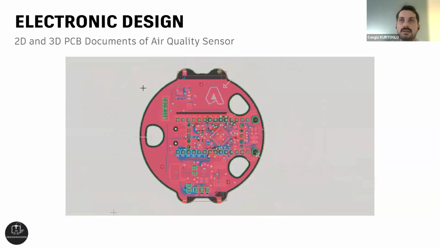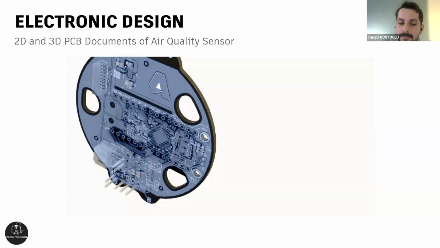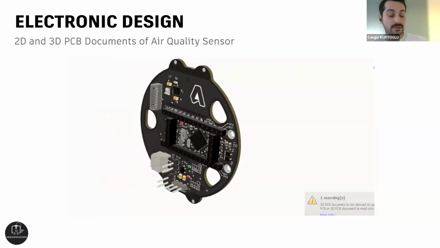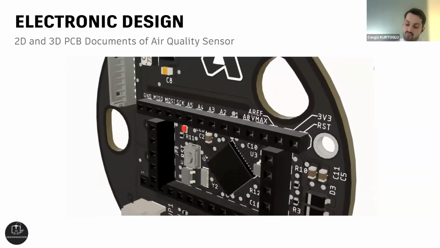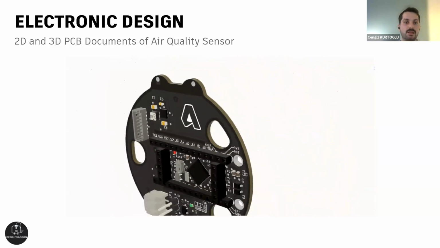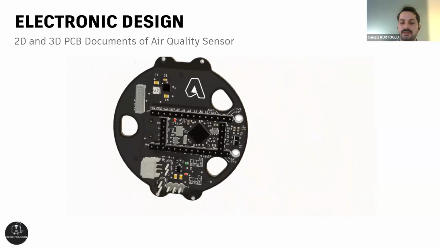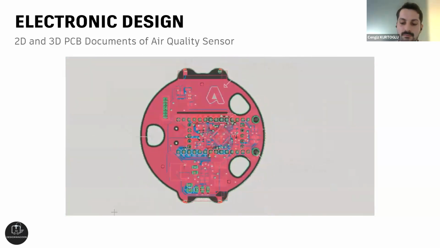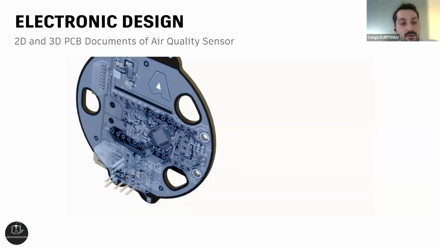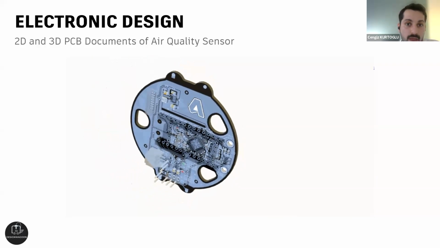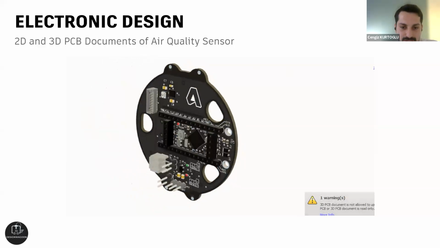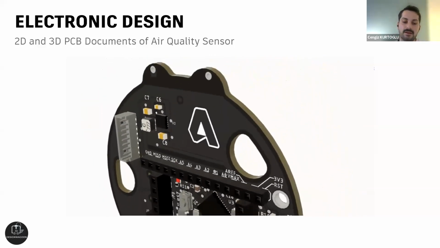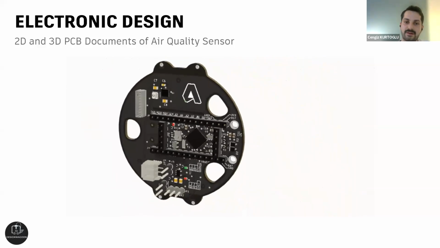Normally it changes the way you create 3D parts from zero to the end of manufacturing. For example, if you are creating a project such as an air quality sensor, you can use your electronic design to create your PCB parts directly in Fusion.